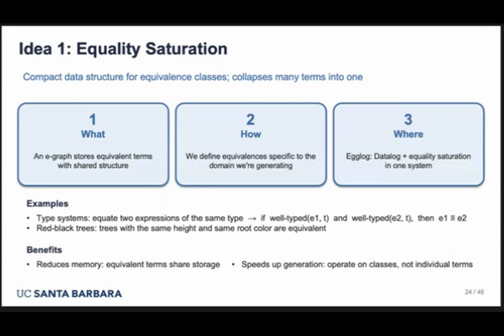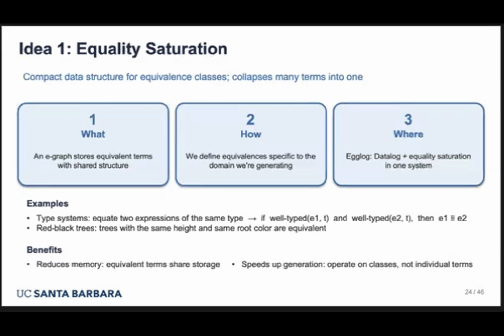So if E1 is of type T and it's well-typed, and E2 is of type T and it's well-typed, then we can say that E1 and E2 will end up in the same equivalence class. Another example, just so we can look at something that's not type systems, would be red-black trees, where we can define trees with the same height and root color to be equivalent.